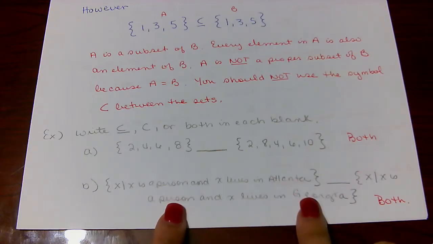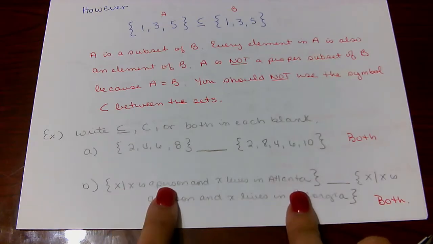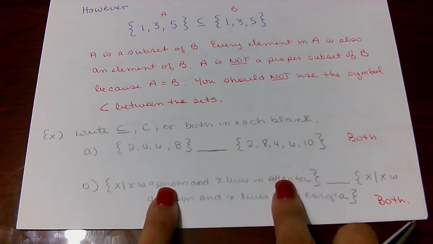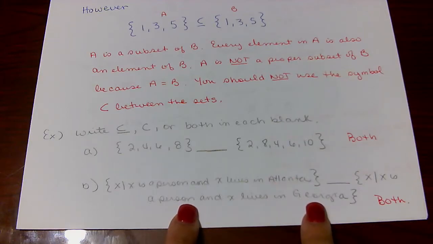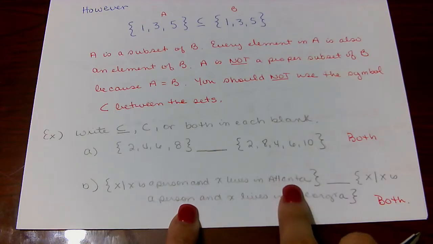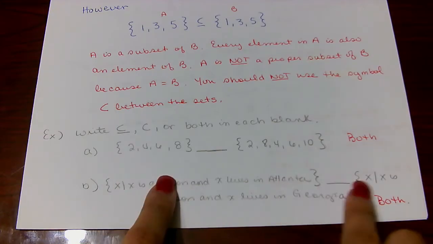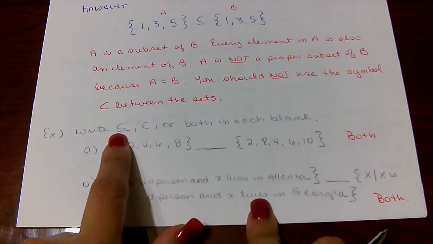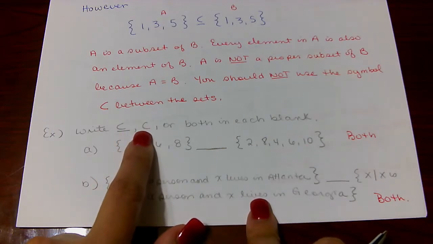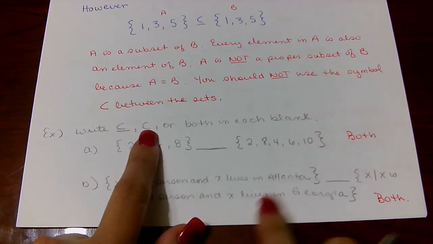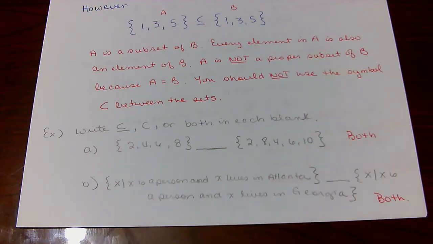Well, in this particular case, a person who lives in Atlanta is definitely going to be a person who lives in Georgia. But all the people who live in Georgia do not live in Atlanta. So this statement is both a subset and a set. If it is both, we write the word both.